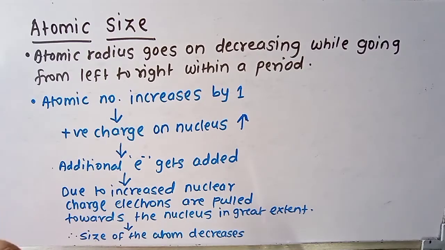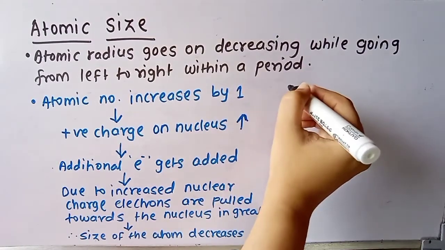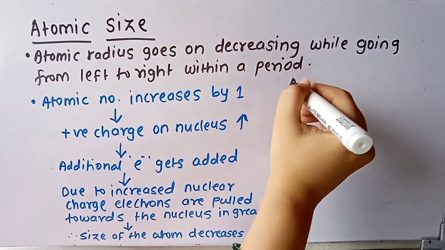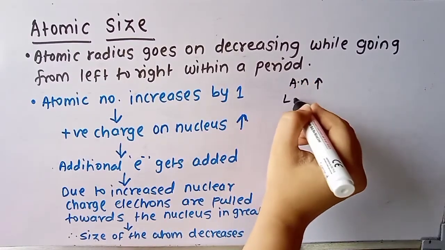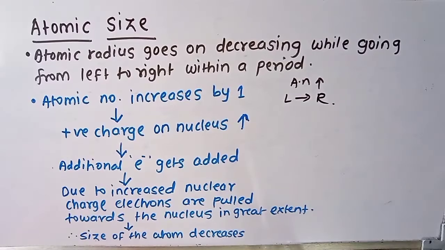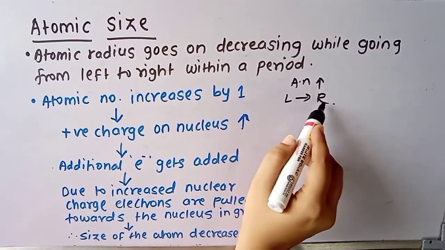You know we have studied what is happening in a particular period. Atomic number goes on increasing while going from left to right. Is this clear to you? Atomic number increases in the same period while going from left to right, yes or no?